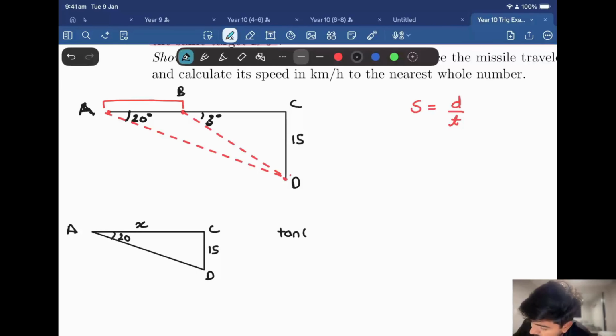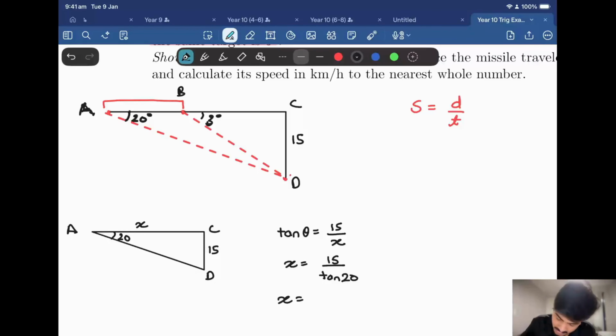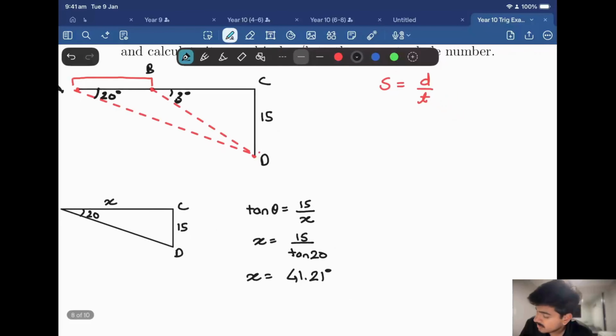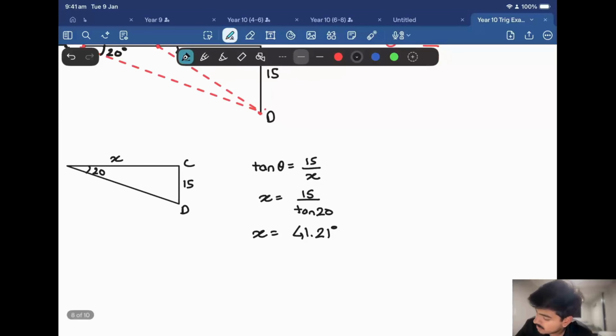How do we find X? Tan theta is opposite over adjacent, so it's 15 over X, so X is equal to 15 divided by tan 20, so my value of X is 15 over tan 20, that is 41.21 kilometers.